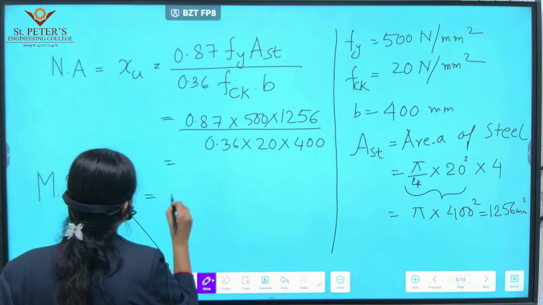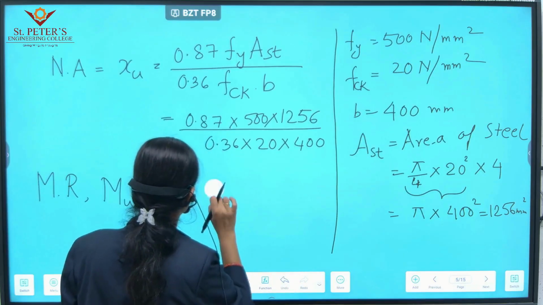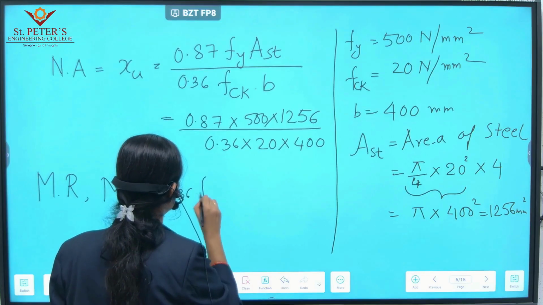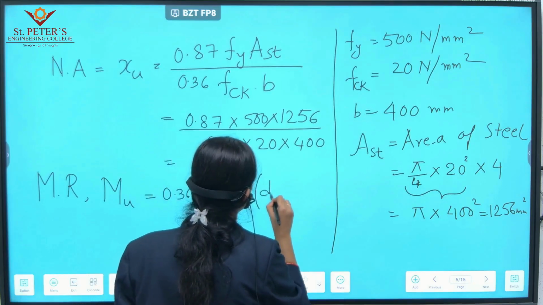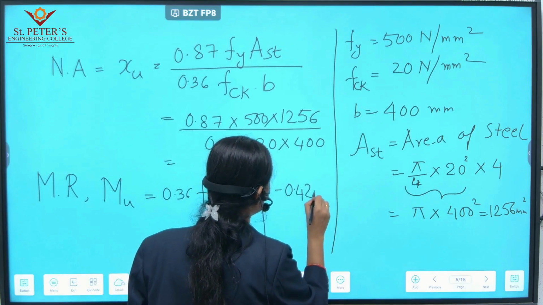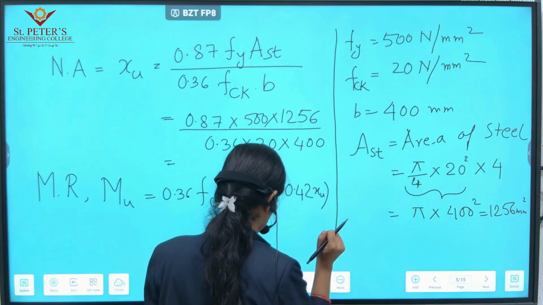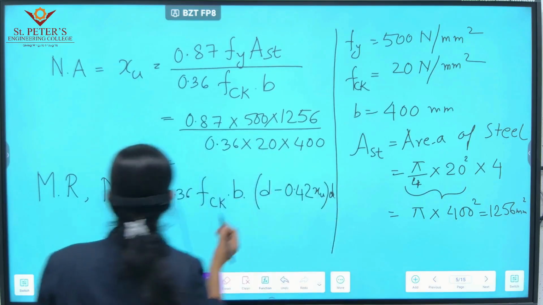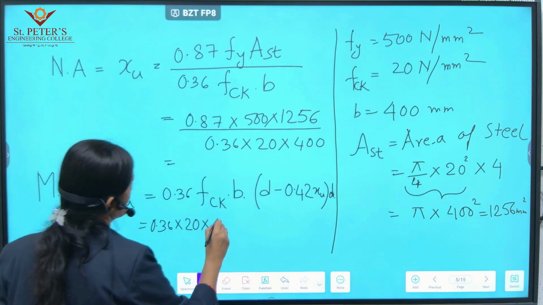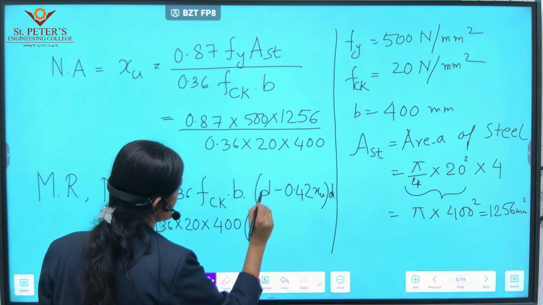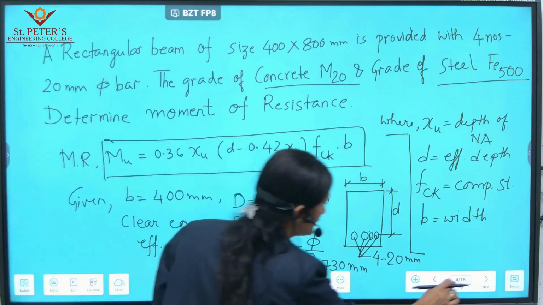So let us write it. 0.36 into 20 into b, which is 400. d is the effective depth which we have calculated earlier, d is equal to 730.